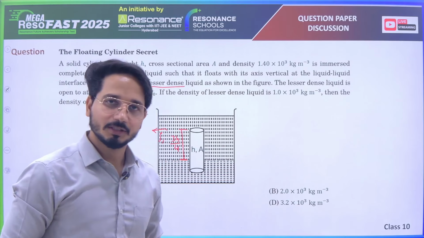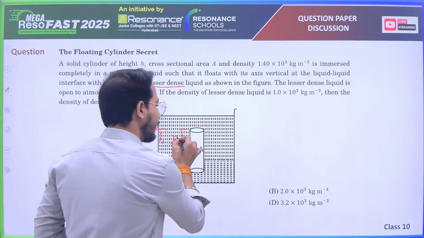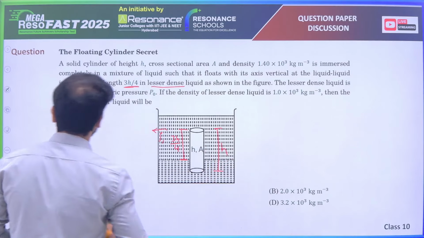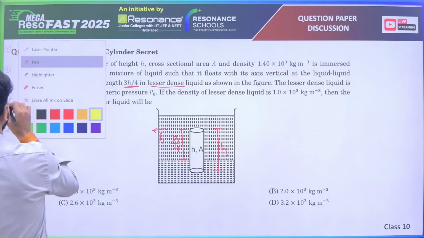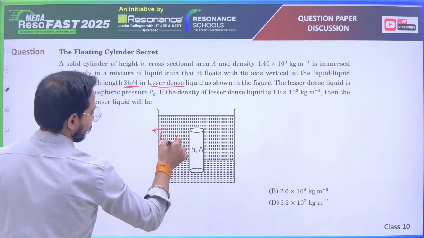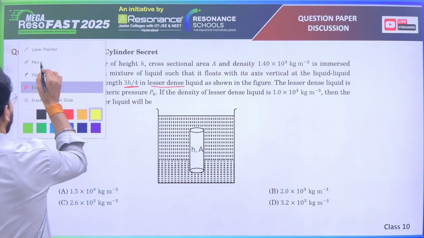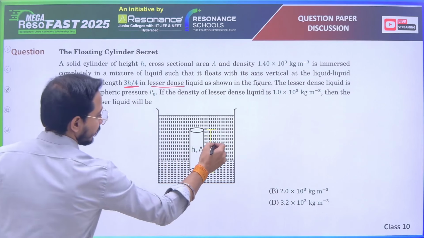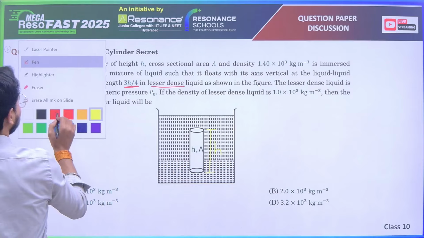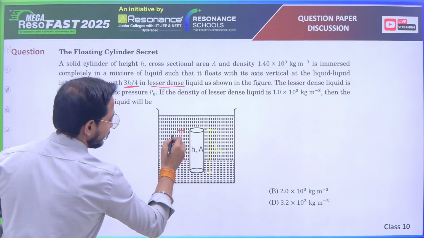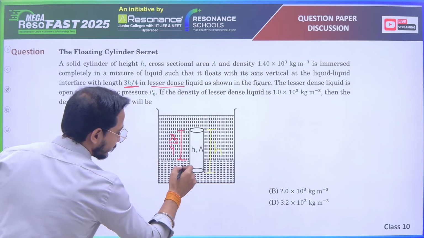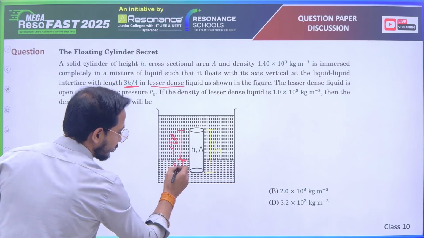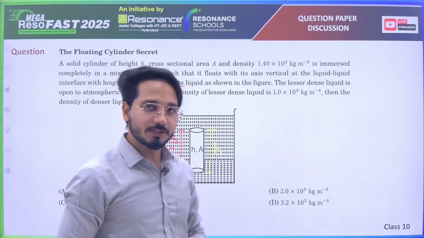If I assume the total height of the cylinder is h, and 3h by 4 part is immersed in the less dense liquid, then the remaining part, h minus 3h by 4, we will get h by 4, right?